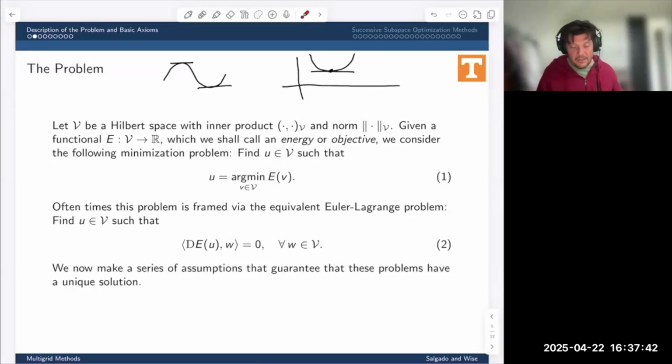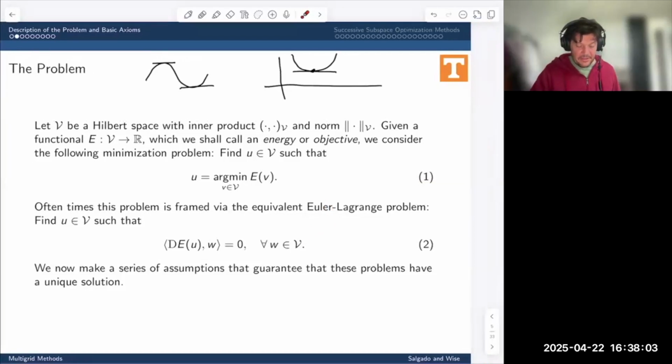But whenever we can assume that E is strongly convex and globally Lipschitz smooth, then we know that we're always going to have one single U, which is the global minimizer. And it satisfies both of these equations simultaneously, or both of these problems simultaneously. They're really the same problems.